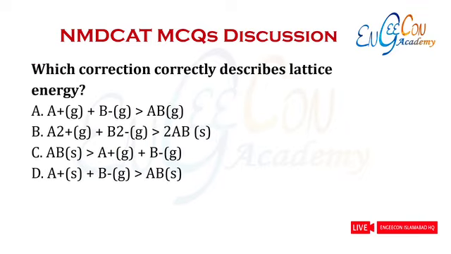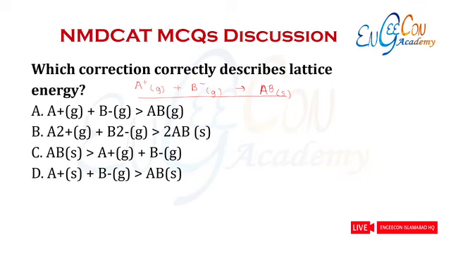Which relation correctly describes lattice energy? Now lattice energy is the energy released when a positive gaseous ion reacts with a negative gaseous ion to give 1 mole of a solid crystal lattice, or it can be the inverse of this equation.